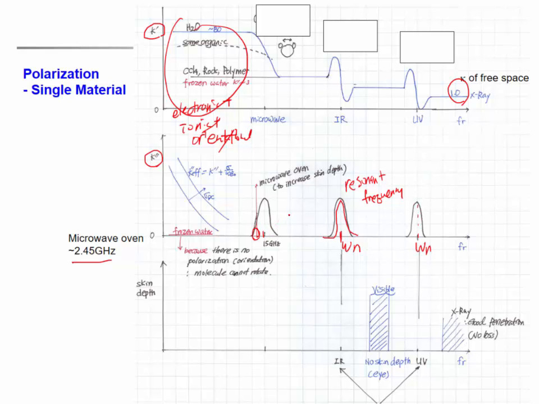Here you have the relaxation frequency, that's omega r. And this is more widely spread like this. Good. This is for a single material.